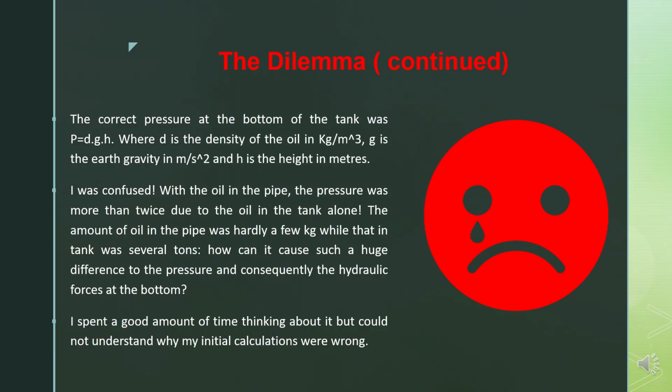So 20 tons of oil is producing a pressure which is less than the pressure produced by just 0.2 tons of oil.